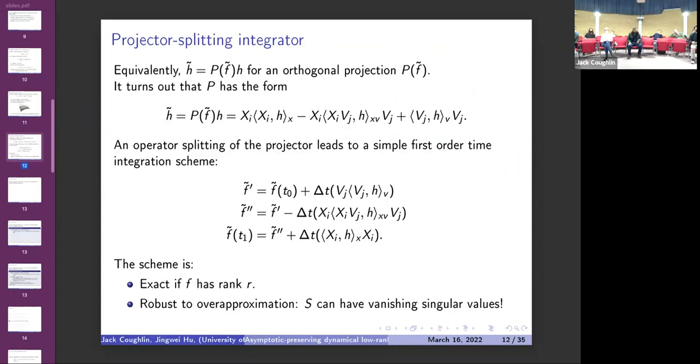But in order to do the conservation, what the paper that I reference does is basically force 3 functions to be in the basis Vj, and to be in that span. You need to do some extra work at this point of the derivation to make that work, and you can't use this projector splitting. It's definitely an interesting paper, and I think that's the state of the art in terms of ensuring conservation for these methods.